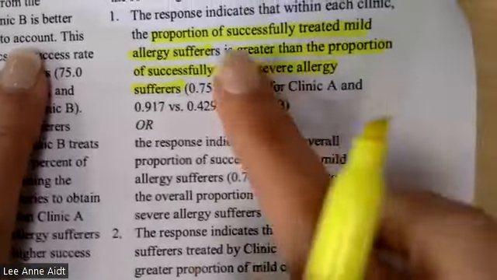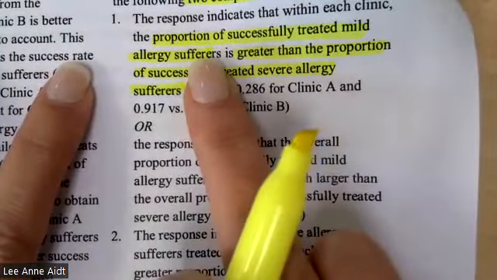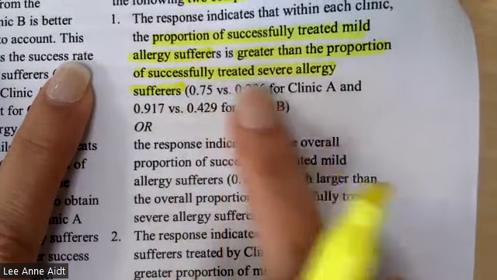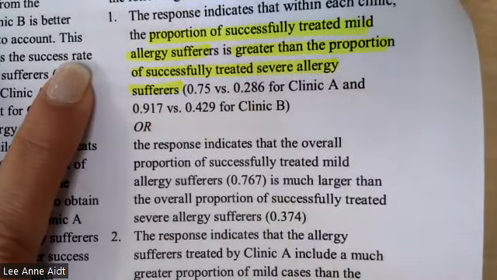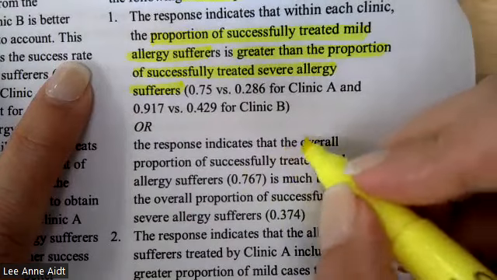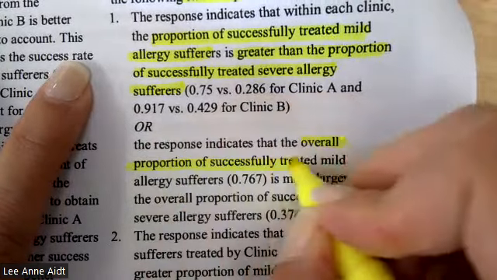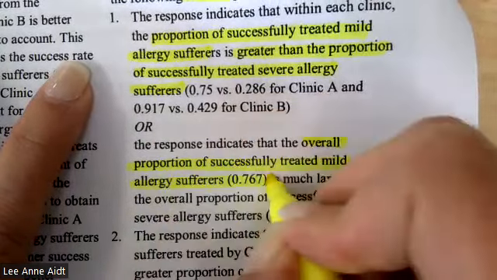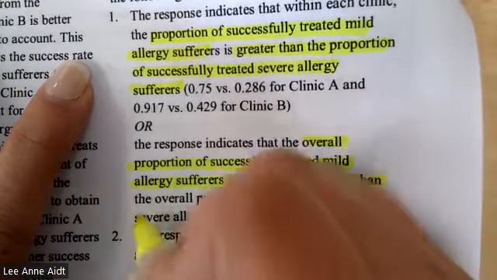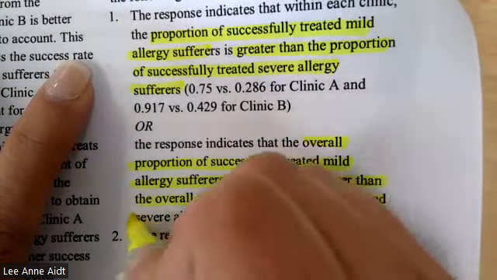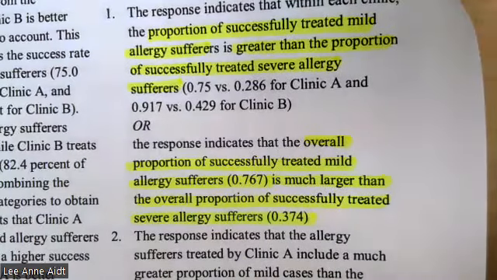Okay, so let's just focus on component 1. You could say successfully treated mild allergy sufferers is greater than the successfully treated severe allergy sufferers. Or you could say the overall proportion of successfully treated mild allergy sufferers is larger than the overall proportion of successfully treated severe allergy sufferers. Did I do that?